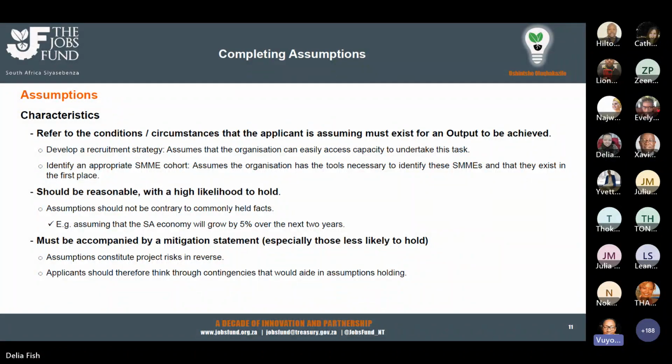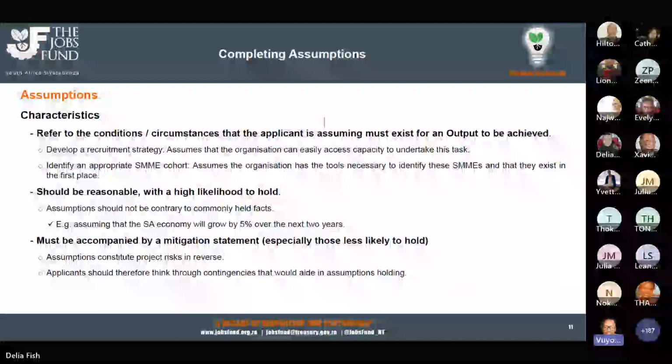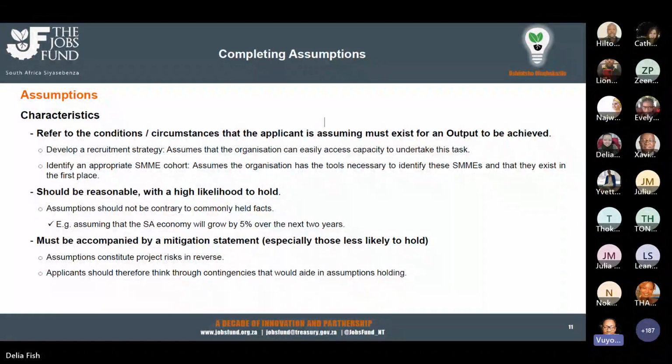The assumption is that the organization can easily access capacity to undertake this particular task. So you need to nominate those assumptions, because you'll see why just now part of the importance of having assumptions. It's important for us to know that in order for us to have that output achieved, the assumption for its achievement as it relates to your specific organization is the following.